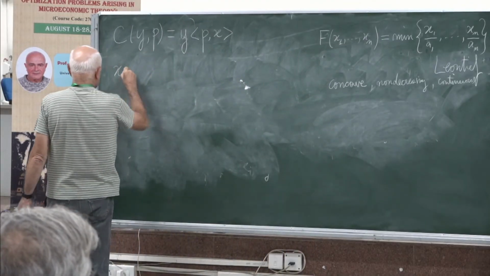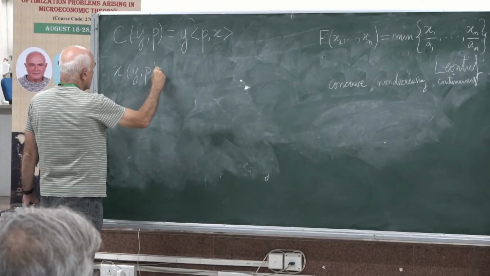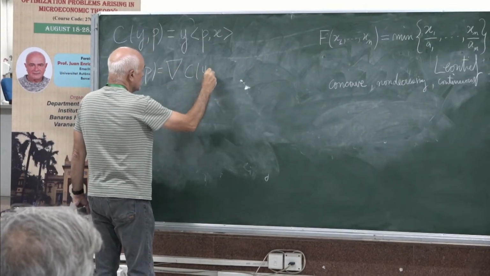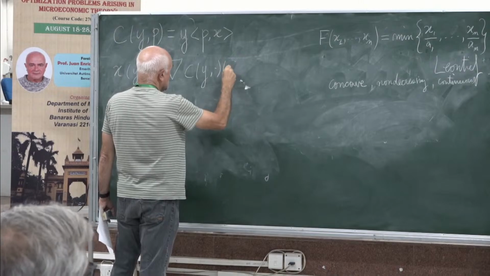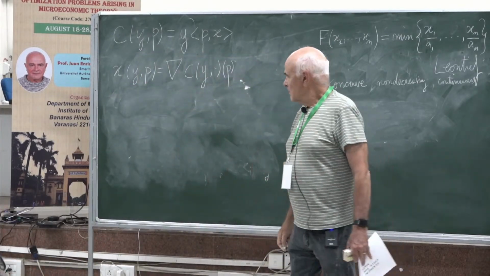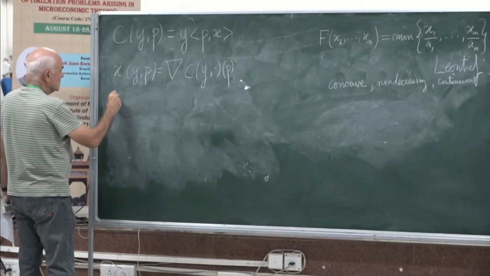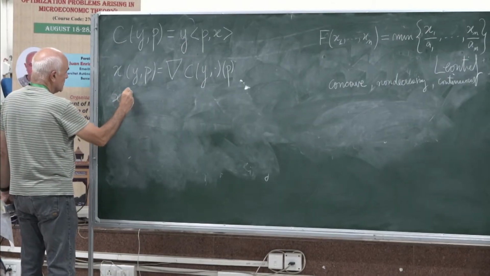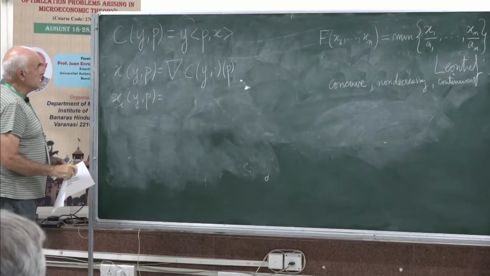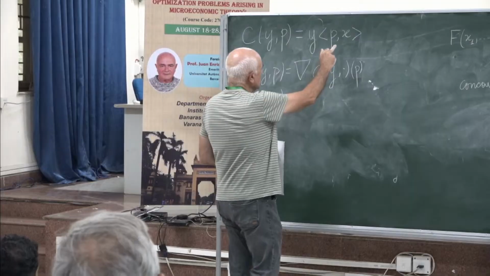Shepard's lemma says that x of y, p is the gradient of C as a function of prices at p. So the ith component of this demand function is the ith. Sorry, I made a mistake here.